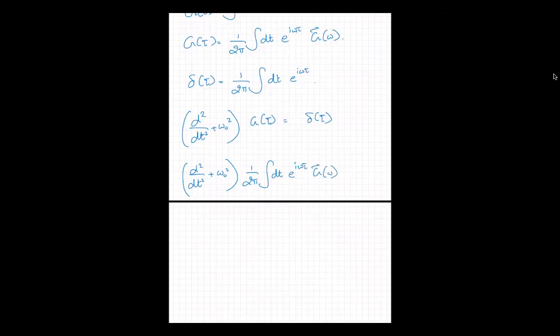That is the left hand side. The right hand side is 1 over 2 pi integral e to the i omega tau.